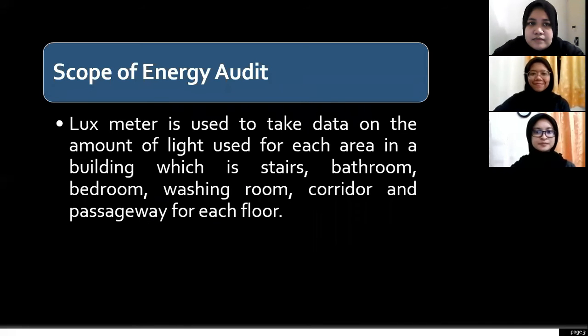Next, for the scope of the energy audit. Through the experiment that has been conducted for this case study, we calculate and analyze the electrical energy that has been used in Student Residency 3. A light meter is used to take data on the amount of light used for each area in a building, which is stair, bedroom, washing room, corridor, and passageway for each floor.